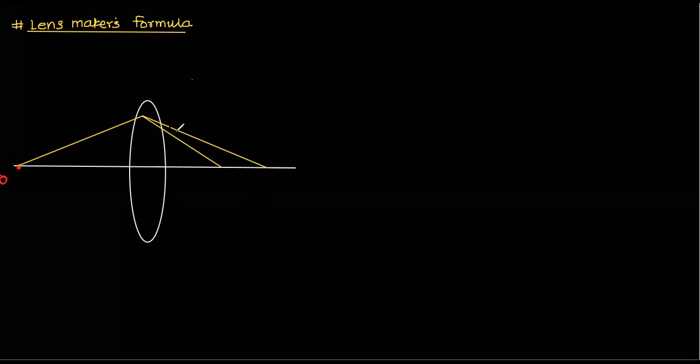This is nothing but, if we will consider separately, then there are two refracting surfaces. This is one refracting surface, this is another refracting surface. Because of this first refracting surface, you are getting image here, that is I1. And this is your image, that is I2.